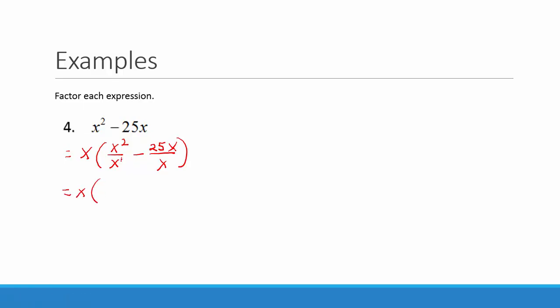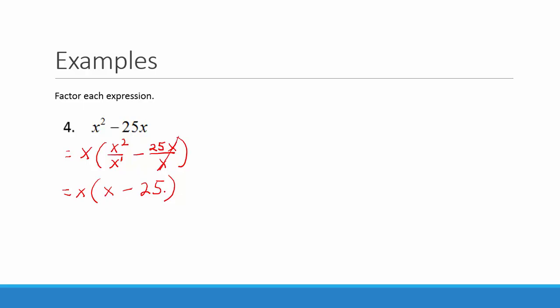Recall that this x has a power of 1, and when we divide, we subtract exponents. So 2 minus 1 is equal to 1, so we get x, and our x's divide out here, and we get 25. And now our factored form at this point is x times the quantity x minus 25.